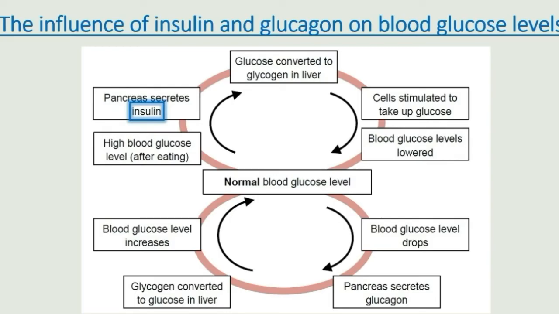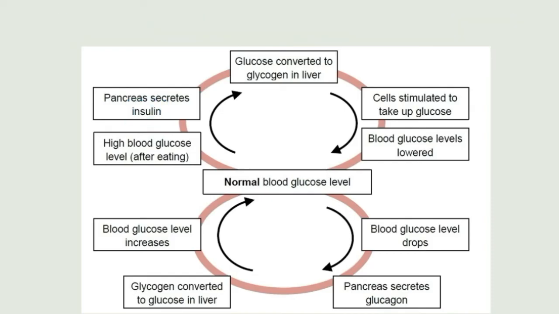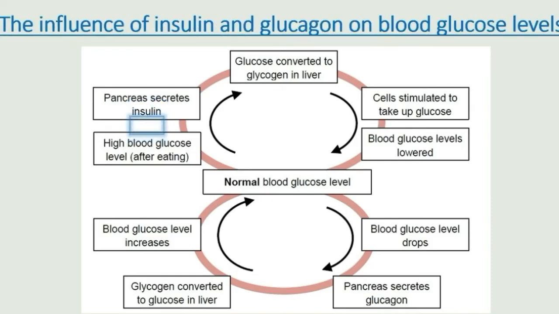Then a signal will be sent to the pancreas, specifically to the islets of Langerhans, to secrete insulin. So insulin is a hormone that will then move into the bloodstream, which will then move to the liver or even to your muscles.